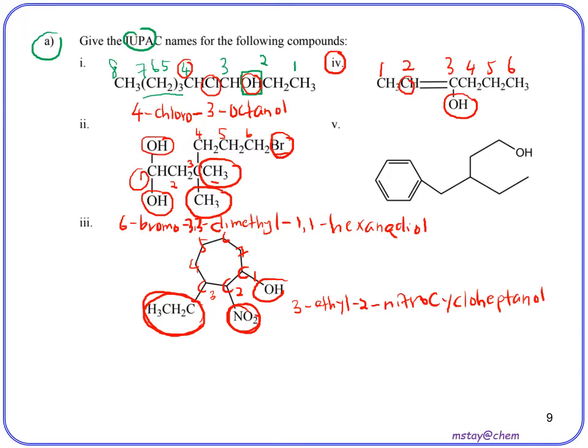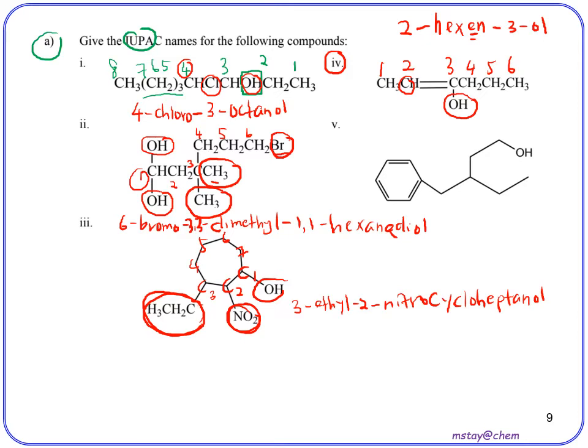So the name will end with hexene because it has a double bond, then 3-ol, and we need to put 2 in front to indicate the position of the double bond.